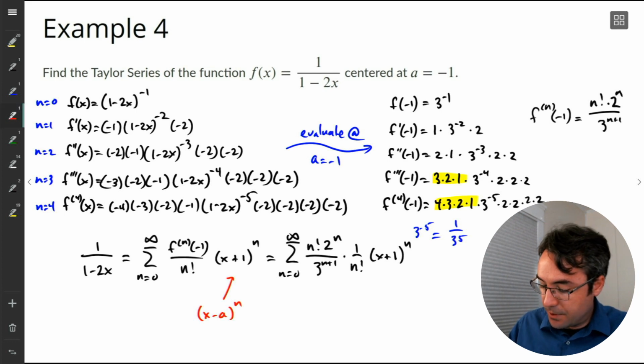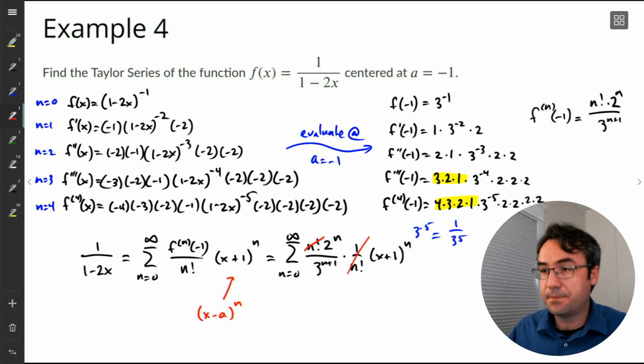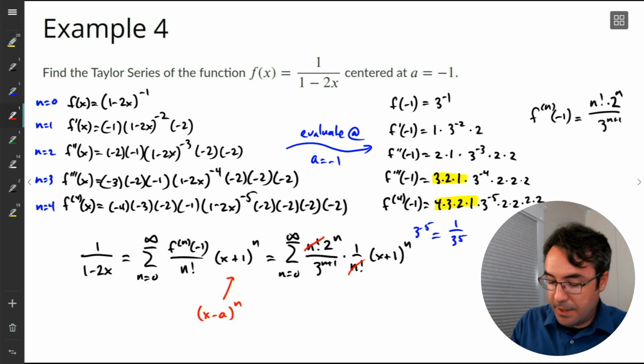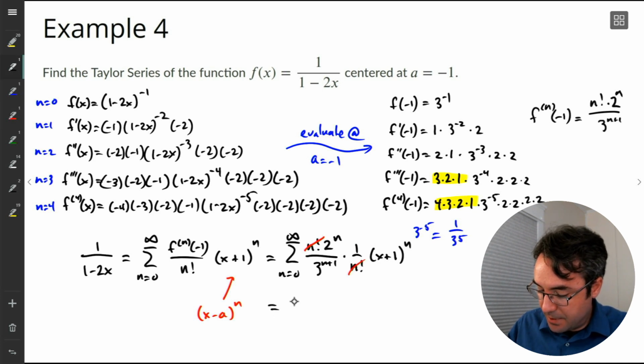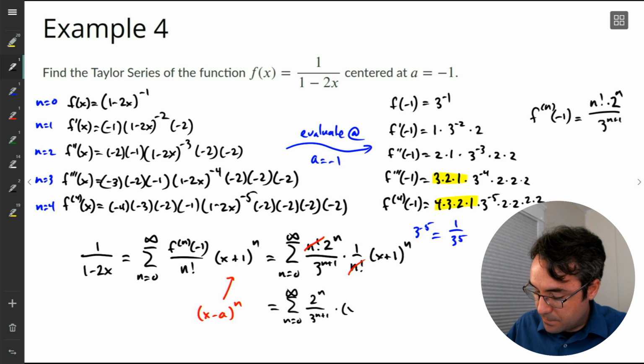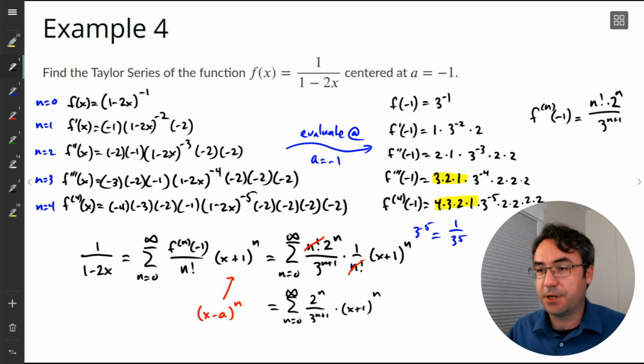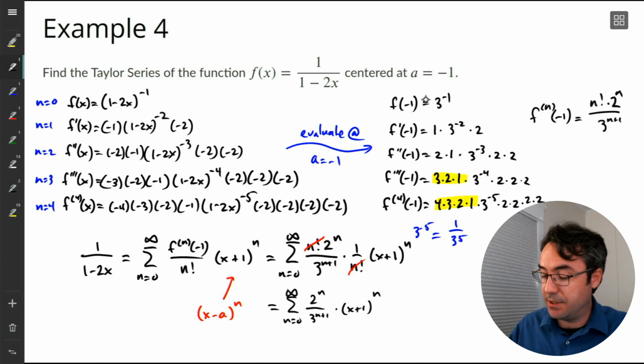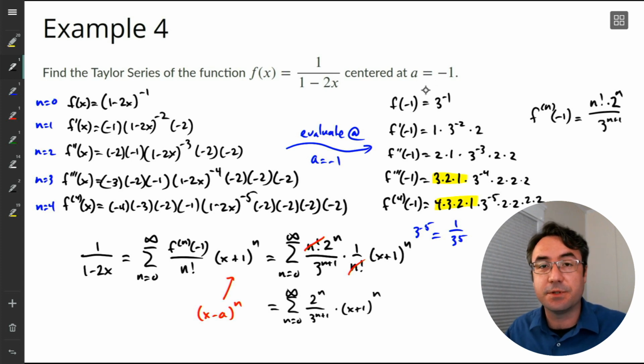And then the n factorials cancel. And so we end up with a nice power series representation for this function. So here's the Taylor series for the function 1 over 1 minus 2x. And this is the Taylor series representation that's centered at a equals negative 1.